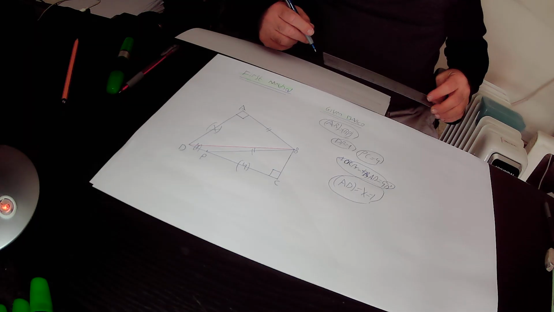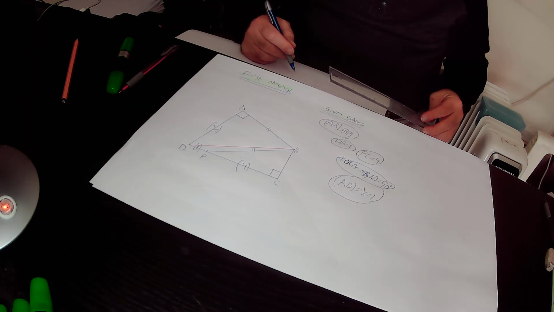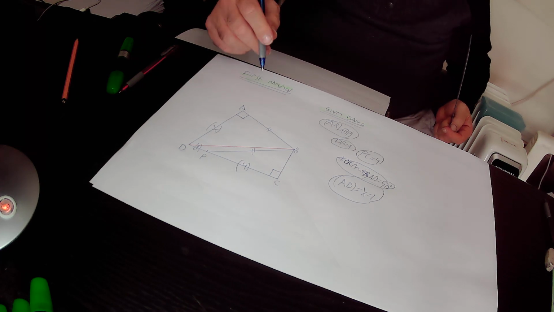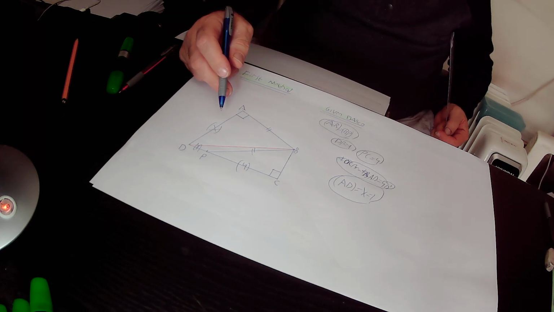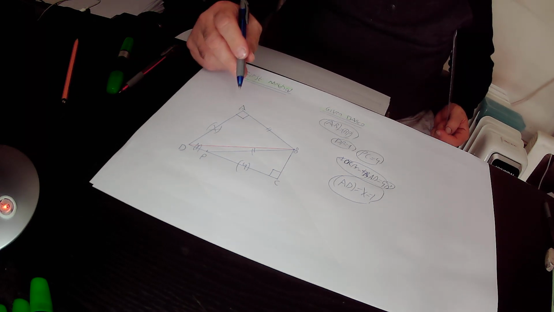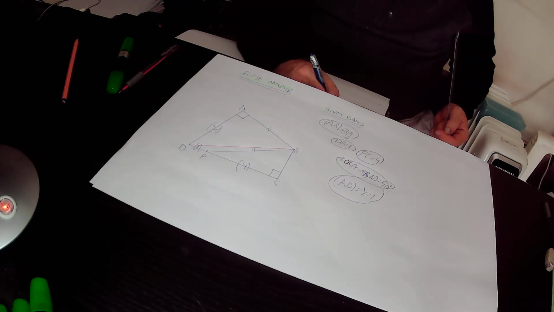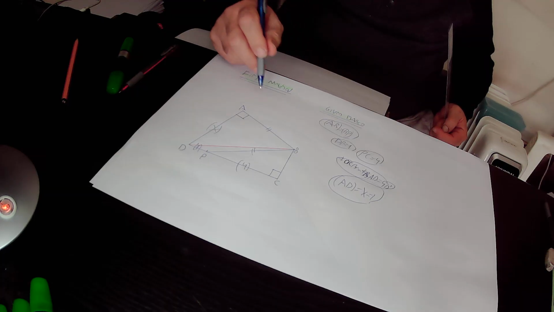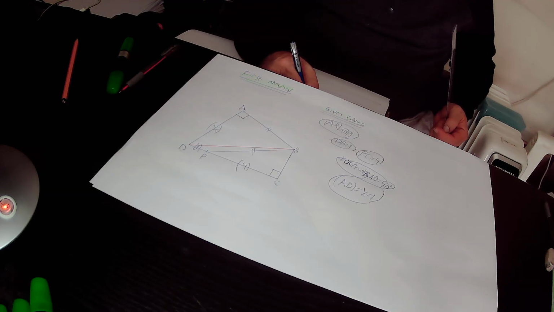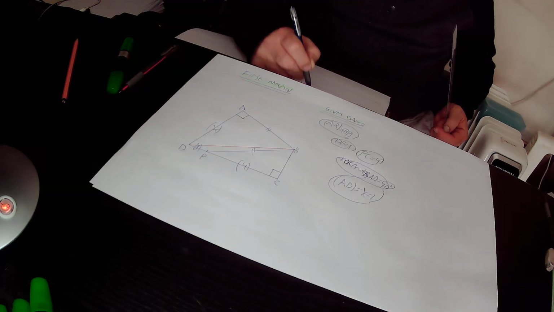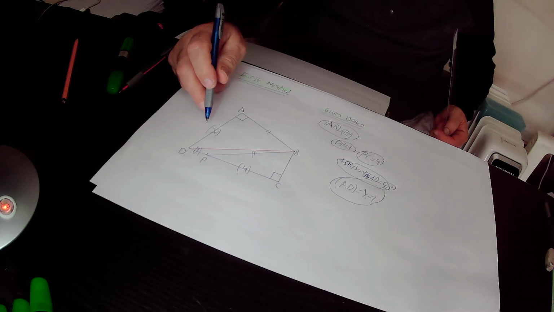According to the Pythagoras theorem, in any right triangle, the square of the hypotenuse equals the sum of the squares of the perpendiculars. So in this upper right triangle ABD, BD square, that is the square of the hypotenuse, equals AB square plus DA square or AD square.